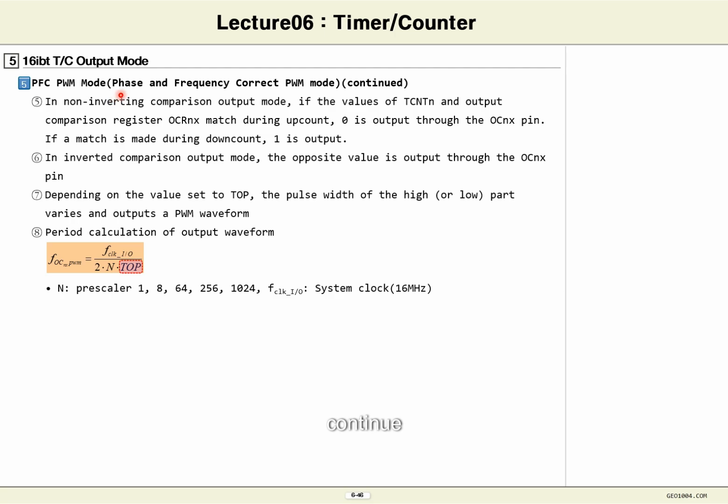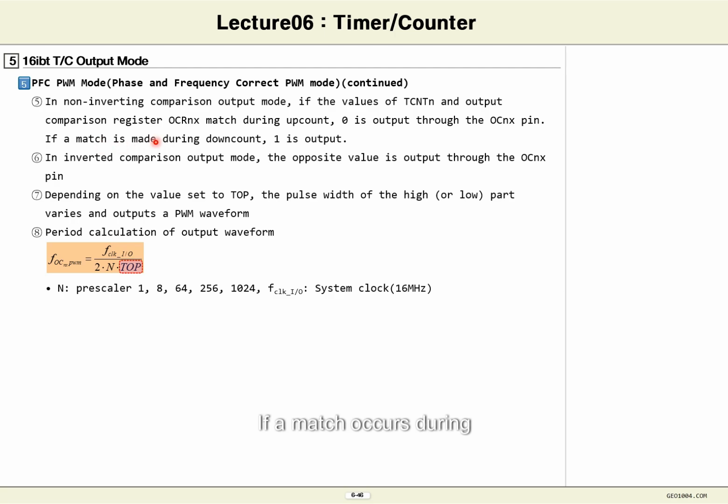We will continue to explain the phase and frequency-correct PWM mode in non-inverting mode. If an operation in which the TCNT value matches OCnX occurs during upcount, it clears output through the OCnX pin.